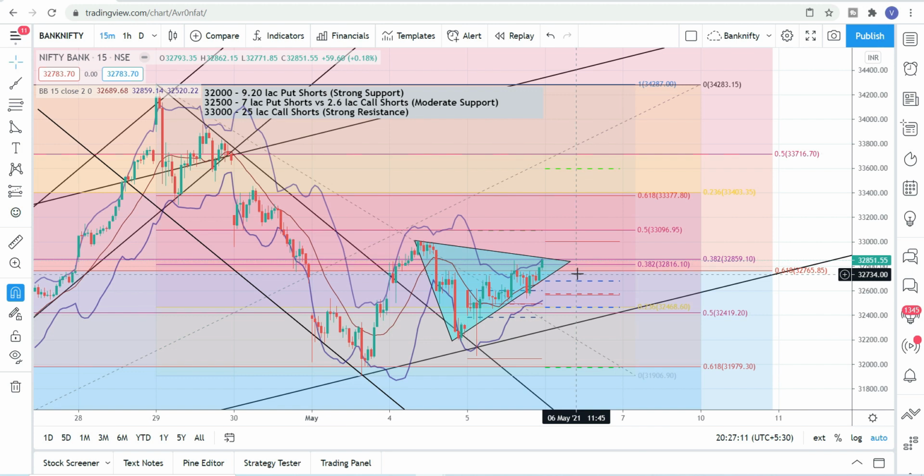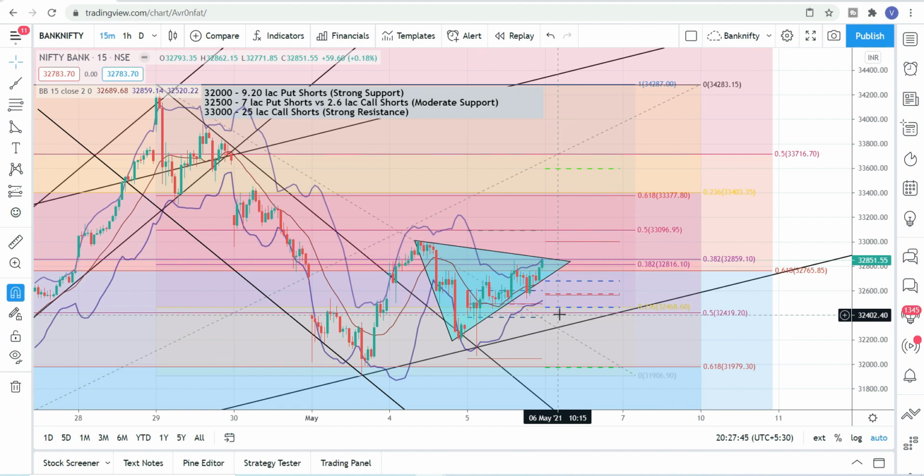If I tell you to enter just below your support for tomorrow, around 32,500 odd or 550 odd, these levels are not comfortable to short because 32,500 is again your OI support. So the ideal level for you to enter should be below your OI support, somewhere around 32,415 or 410 odd. That should be the ideal level for you to enter into a short, that is with PE.